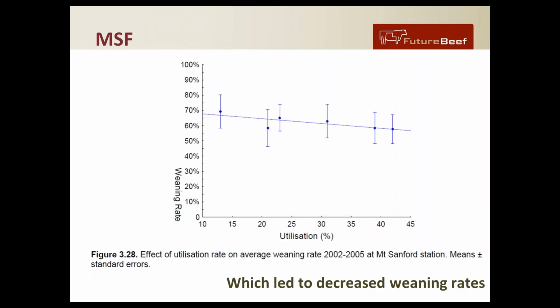This led to a decline in weaning rate through the treatments as utilisation rate increased. I think the cows in the 13% utilisation paddocks had a weaning rate of around 68%, while those in the 42% utilisation rate paddocks had a weaning rate of approximately 57%.